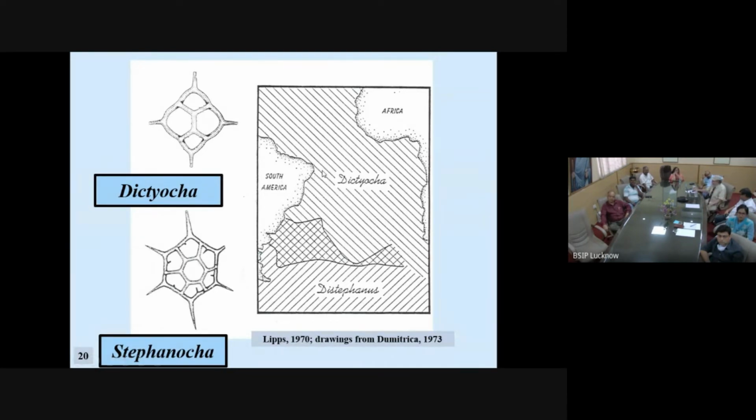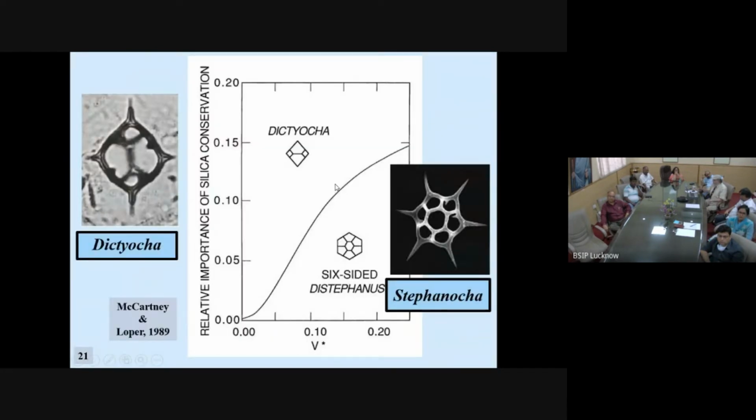And what's going on here? It turns out that if you constrain your formula to weight the minimization of apical surface area with some weighting for silica conservation, then where the area is absolutely essential, you get these two places.